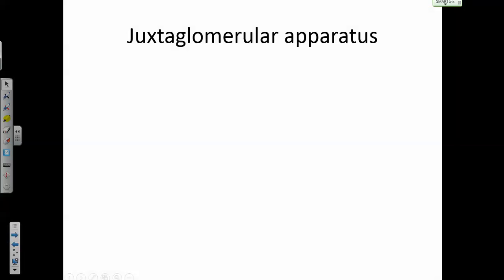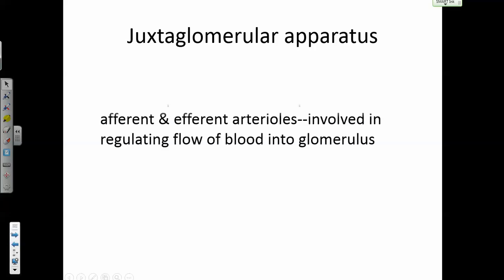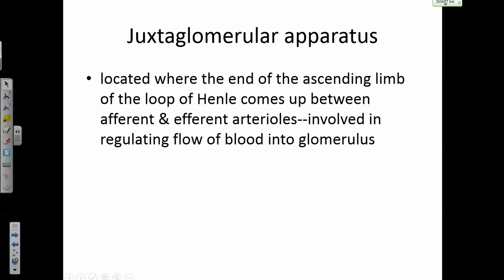Okay, now here's a weird structure associated with the kidney. It's called a juxtaglomerular apparatus. The prefix juxta means next to something. Okay, it just means next to. So this is something next to the glomerulus. We're going to look at what it's made up of right now, and then as we look at urine formation, we'll see its function.